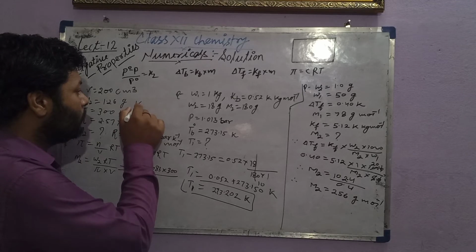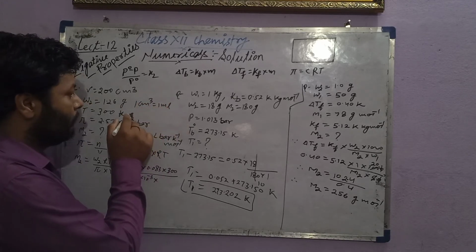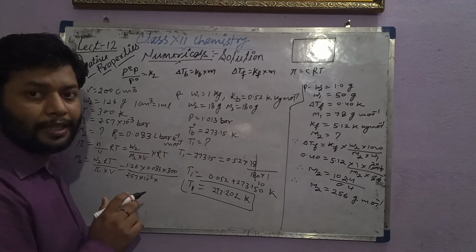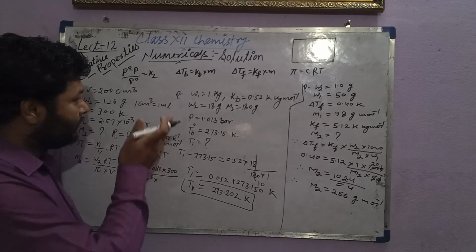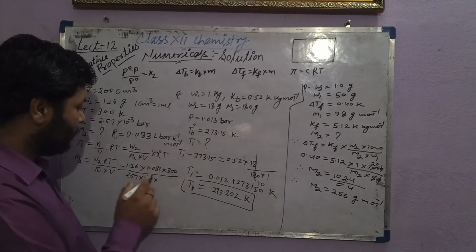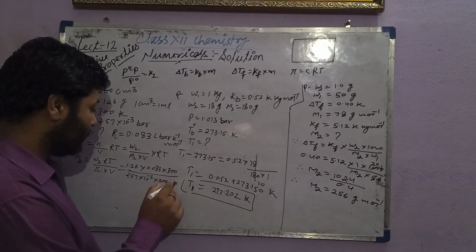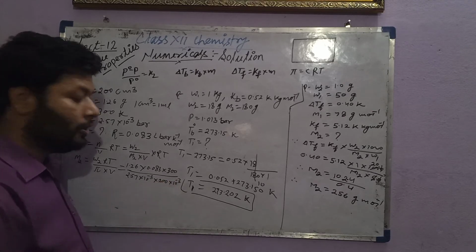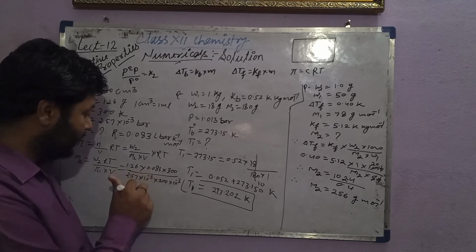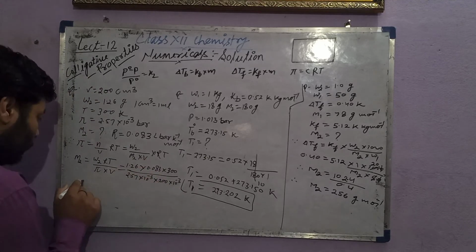Actually 1 centimeter cube equals 1 ml, so this can be written as 200 ml. That should be divided by 1000, or into 10 to the power minus 3. So the value is 200 into 10 to the power minus 3, now in liter. So 10 to the power minus 3 and 10 to the power minus 3 will be 10 to the power minus 6. Just calculate this value.